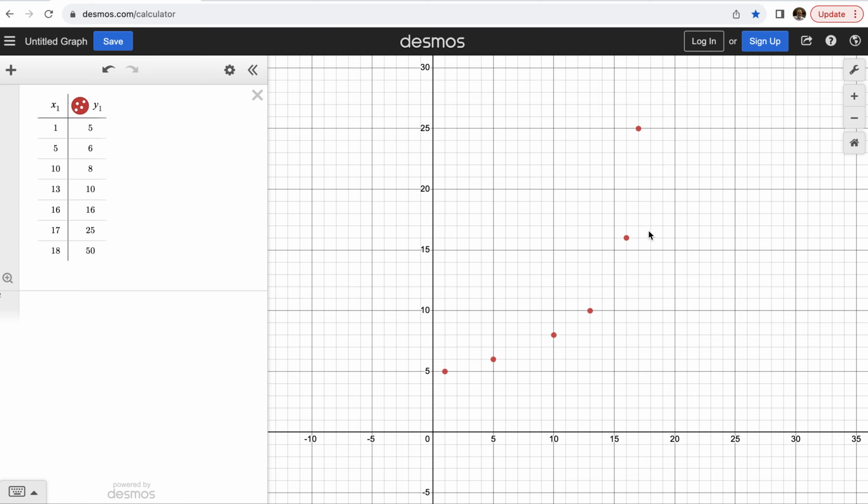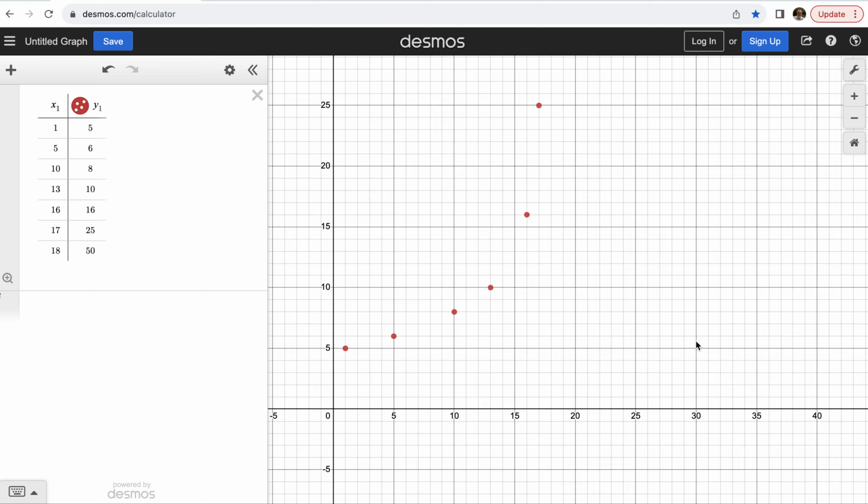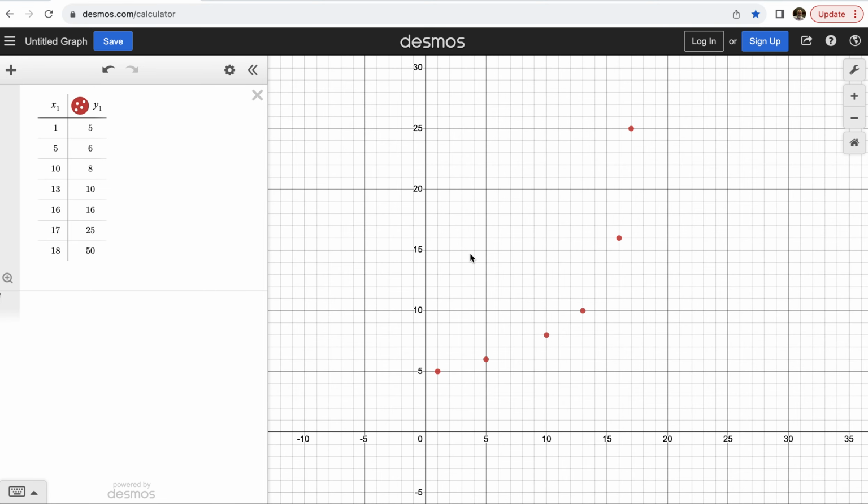So it looks like this asymptote might be somewhere around 18 or 19. So this whole graph has been flipped over, because normally it goes in this direction, like y equals 400 divided by x, going the wrong direction.